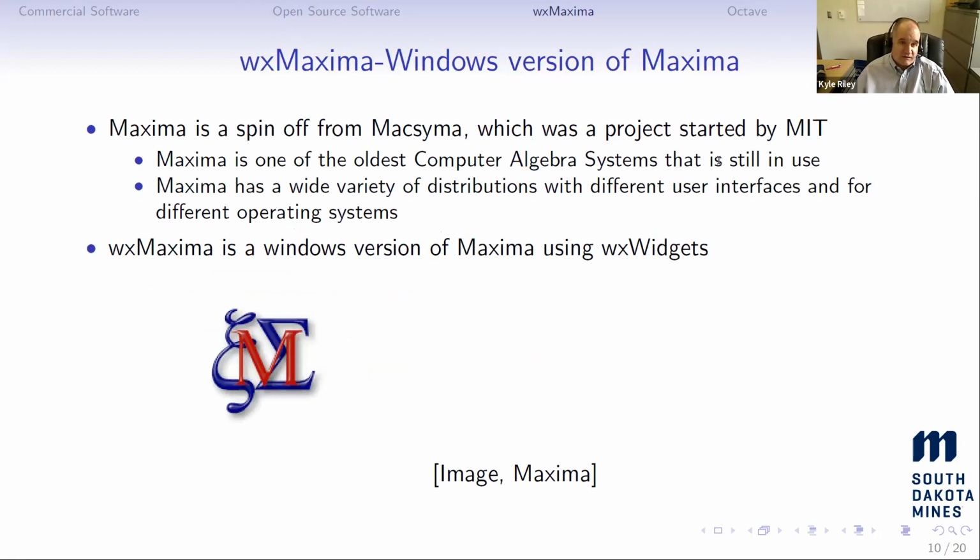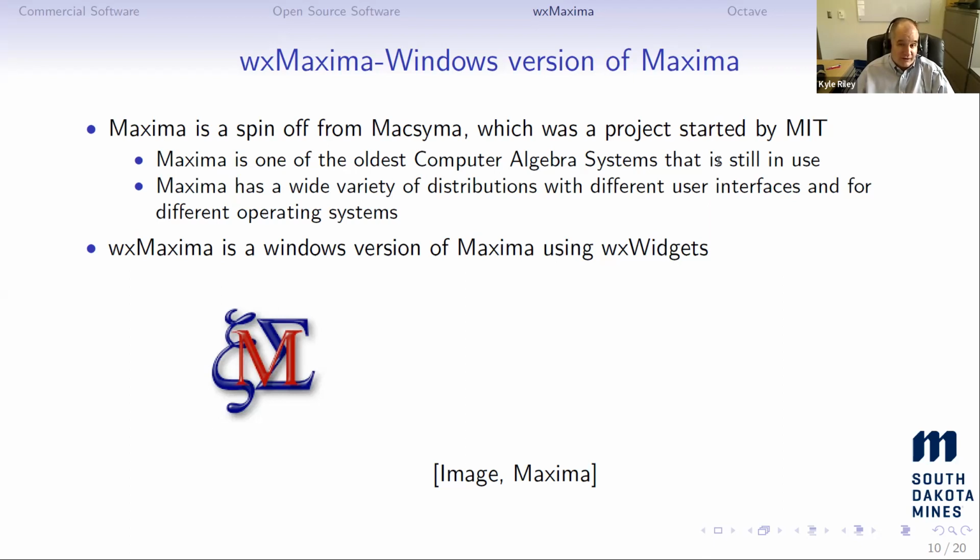And so a little bit of history on Maxima. Maxima is a spinoff of Macsyma. This actually came out of MIT many, many years ago. So MIT had this computer algebra system they developed from the ground up. Eventually one of the creators got permission to try to move this into a commercial offering called Macsyma.